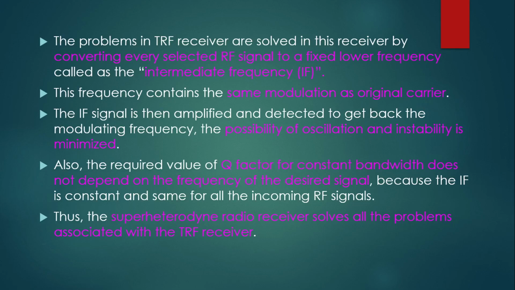So after converting the selected radio frequency into IF, the whole working of the receiver is at this IF or intermediate frequency. That means the IF signal is amplified, detected and after detection or demodulation it is converted into modulating frequency.